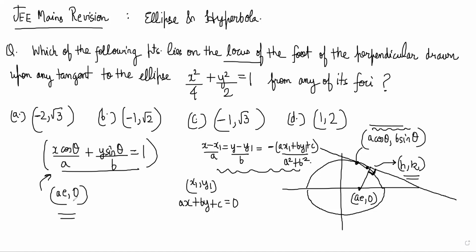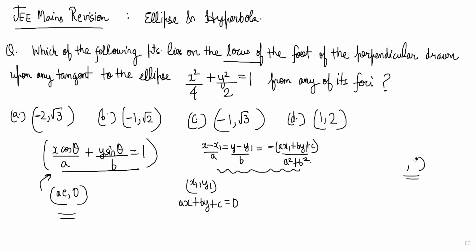So a little bit of solving has to be done. There is nothing you can do, you have to do it. x will be x1 minus a times this, where x1 is ae, and a is cos theta by a, times this (ax1 plus by1 plus c).